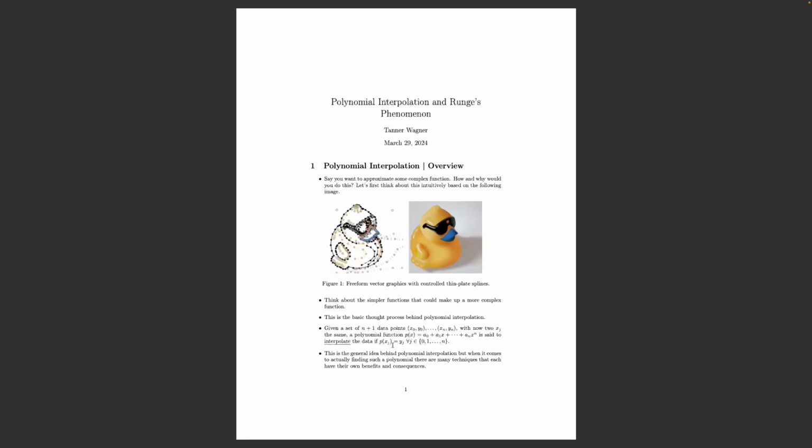So what does this mean? Well, given some data for a more complex function, we just want to find a polynomial that's equal to that data for every point on the interval or the set that we're looking at. And this is what we call interpolation.